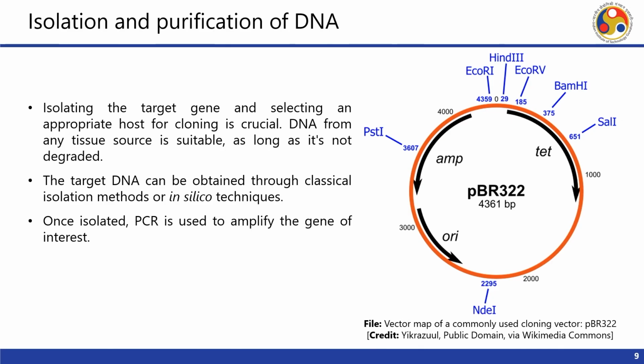Then it has many marker genes. For example, this is the ampicillin resistance gene, and this is the tetracycline resistance gene. These antibiotic resistance genes help us in screening the vector loaded host cells.